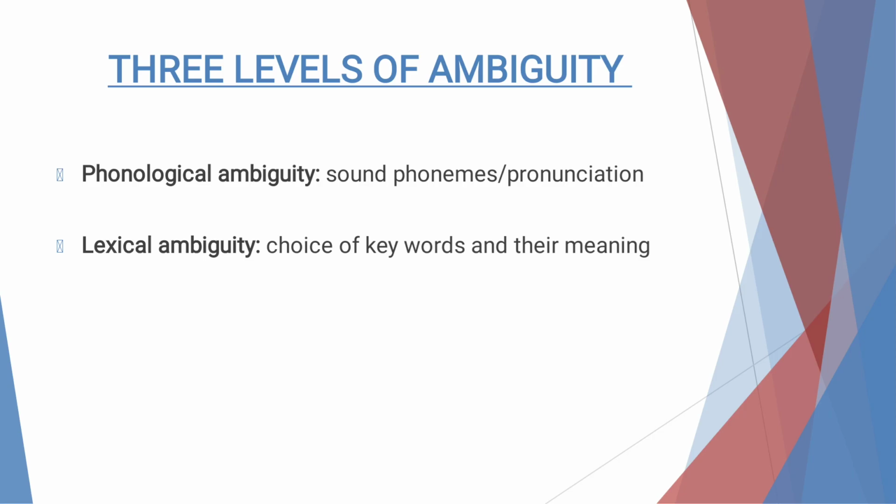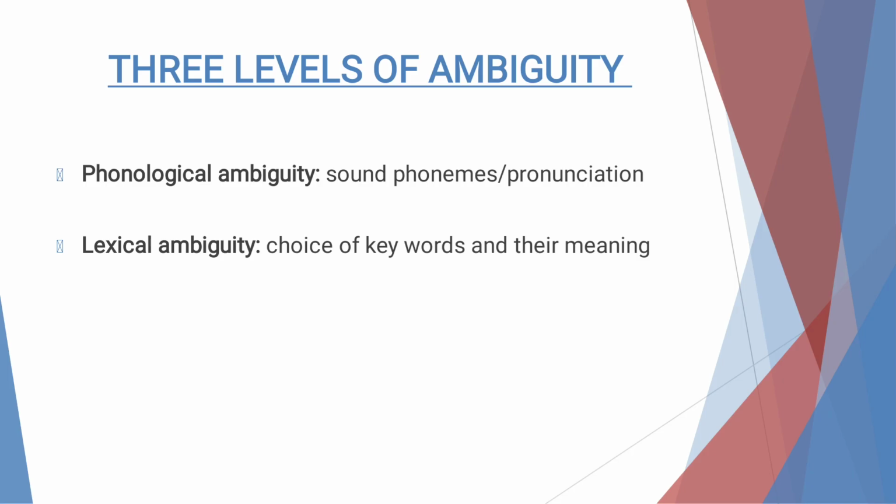I can say advice. Which advice am I talking about? We have advice that ends with CE, and we have advise that ends with SE. Which one am I talking about? Phonological ambiguity.